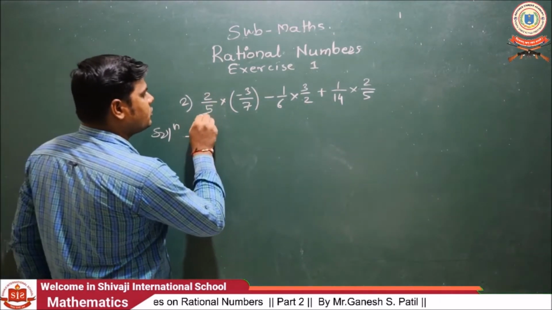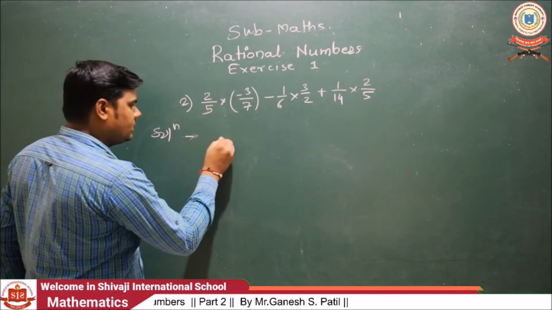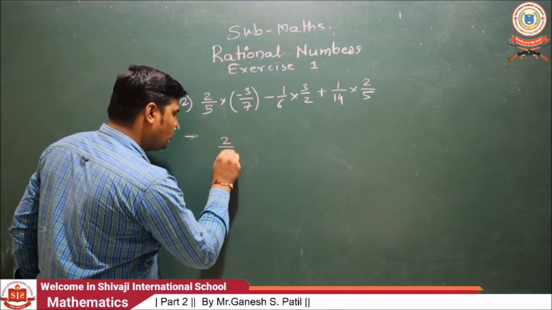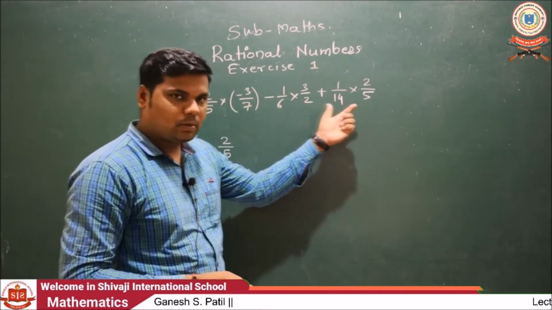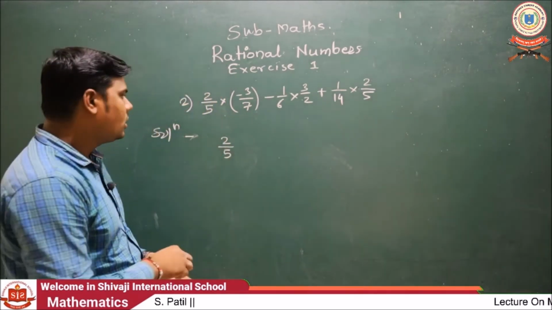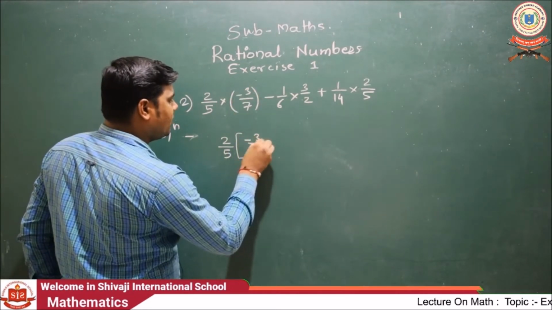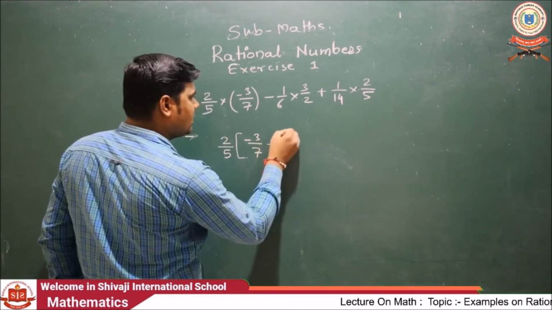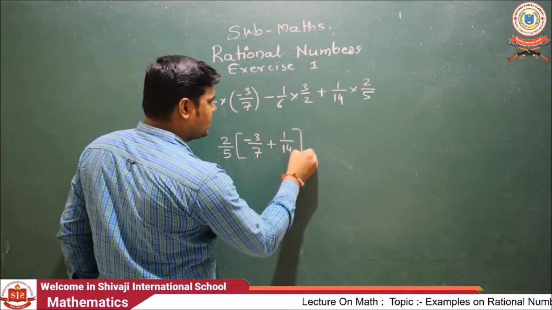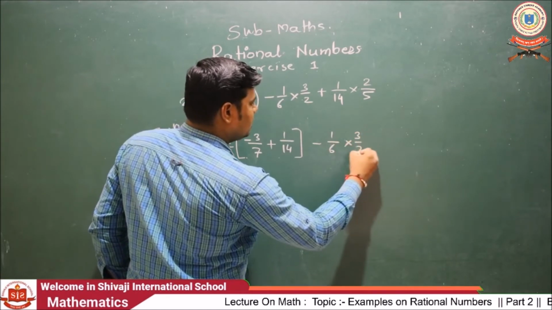Here also, in the first term and second term, 2 by 5 is common. By the distributive property, 2 upon 5 is common. Then minus 3 upon 7 is first, and plus 1 upon 14 is second, minus 1 upon 6 into 3 upon 2.